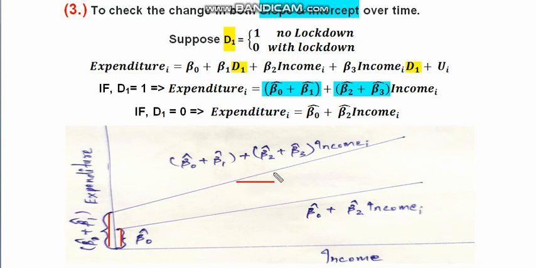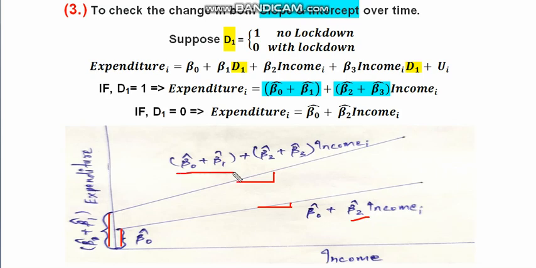And the other one, this slope is changing, and we indicate that one with beta 2 cap plus beta 3 cap. Here it is only beta 2 cap, right? So we can indicate the change in the slope during the normal days, the no lockdown days, with beta 2 cap plus beta 3 cap.